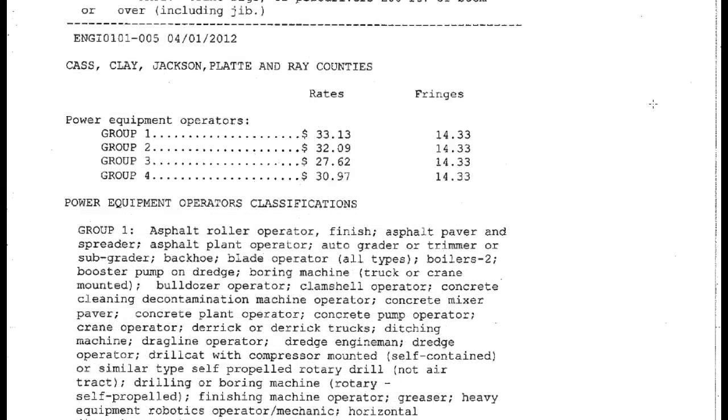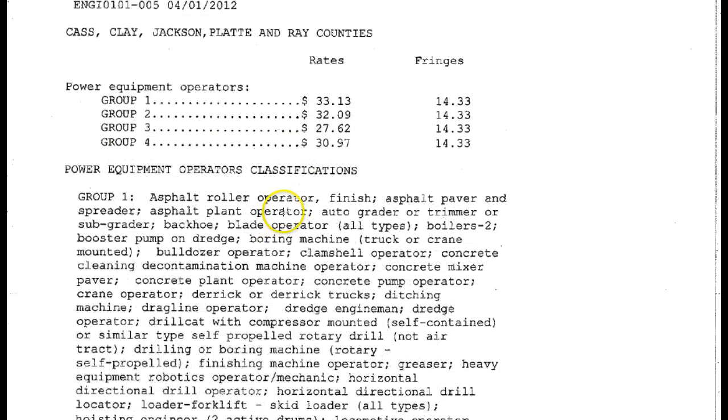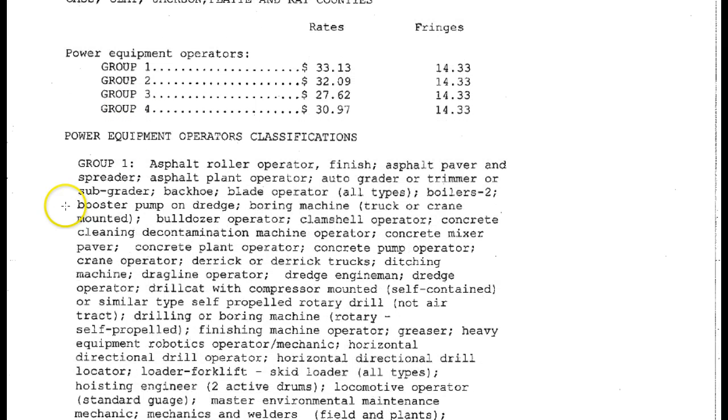Here's another set of equipment operators, Cass, Clegg, and Jackson County, our county, and you're going to be looking for different types of equipment operators, and you'll see that there's different groups. You go down and you'll find the definition of the group. Group 1, asphalt roller operator, and asphalt paver and spreader.